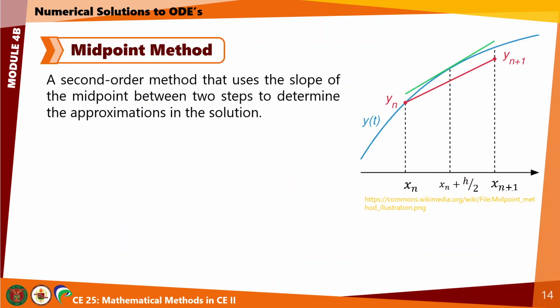Okay? Now we get to the midpoint method. Okay, ito naman, same pa rin, na sinosolve is first order derivative or ODE. Pero yung method niya or yung type of method niya is a second order method. Okay, you can understand why upon explanation dito.